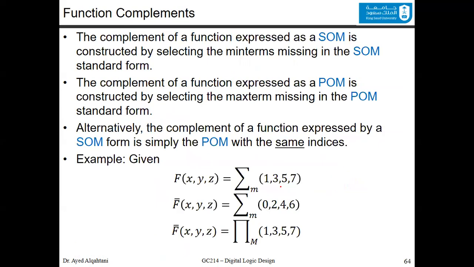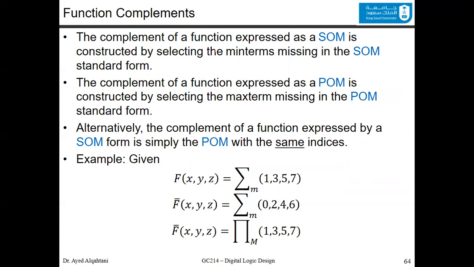The function complements. We mentioned before that the complement of a minterm is its corresponding max term, and vice versa. Now, what about functions? So we are looking for the function complement.